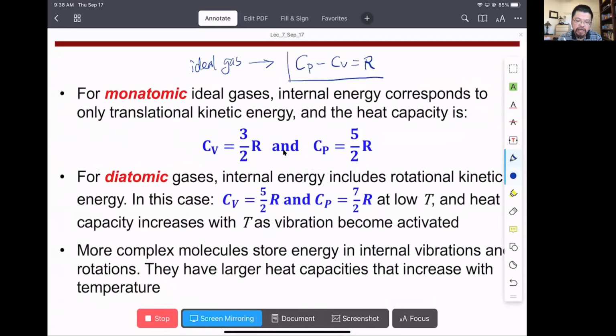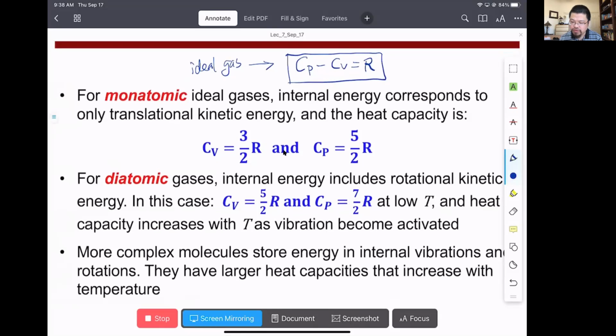Okay. Try to revisit the previous lecture and appreciate how we derived that equation. Here, we further introduce the correlation. Even for the ideal gas, we know the difference between Cp and Cv should always be R, but what about their specific Cp and Cv values?